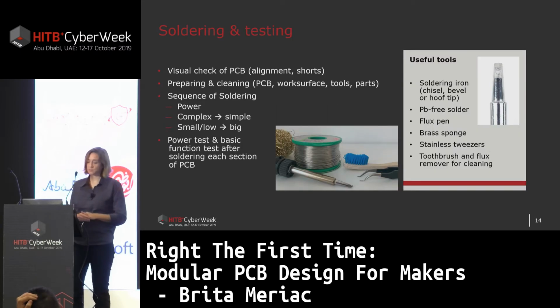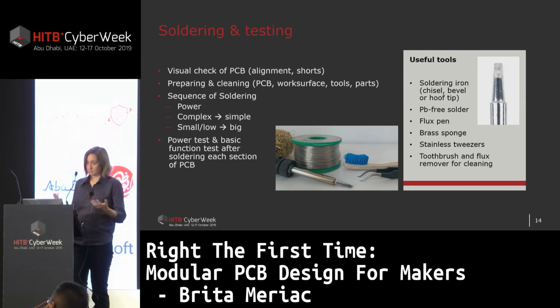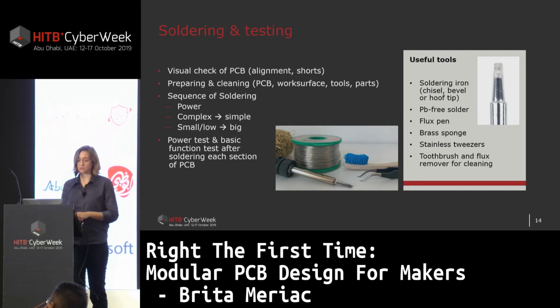So when the PCB comes back from PCB manufacture, from production, first give it a good look, check for misalignment of solder mask and pads, or maybe shorts between the pads. And after that, prepare for the whole soldering.